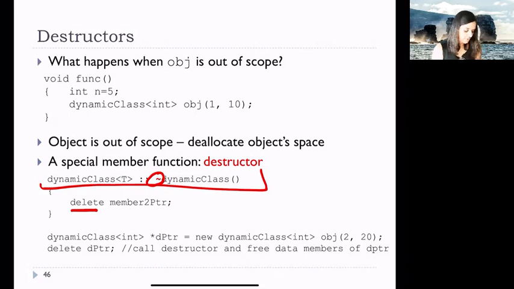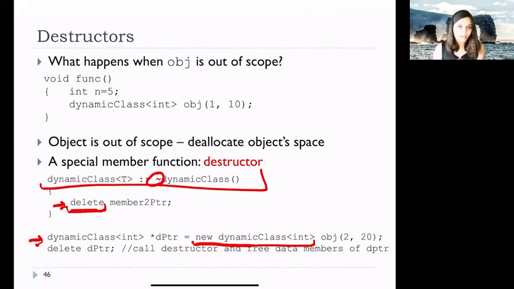And inside the destructor, what we want to do is deallocate the memory that we dynamically allocated. So we would say delete the pointers and all that. Here we have a constructor where we are dynamically allocating the memory by using new. Then we need to have a destructor where we delete the memory by using delete.